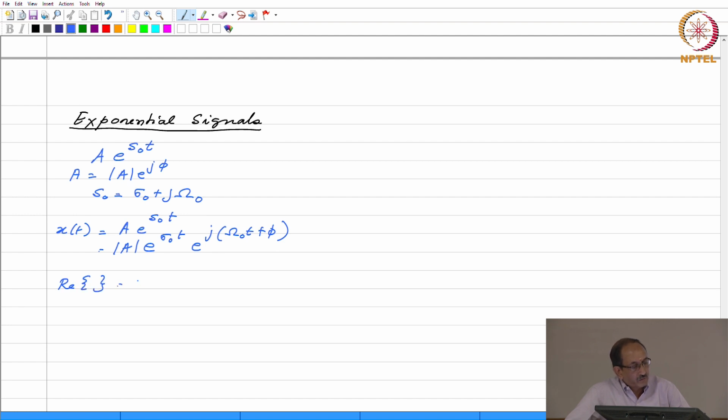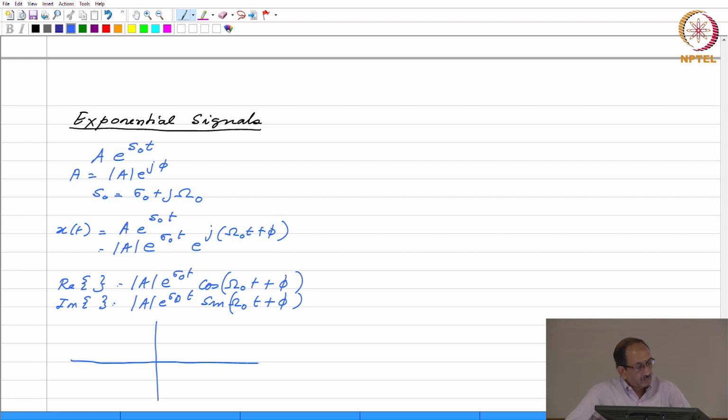And the real part, of course, is cos omega naught t, and the imaginary part is sine. So these are the real and imaginary parts, and the picture associated with this is something like this.